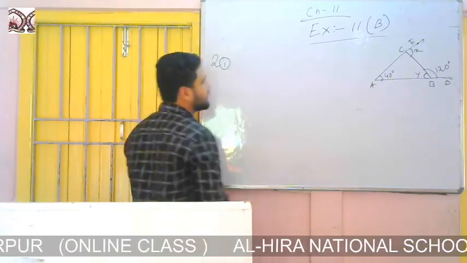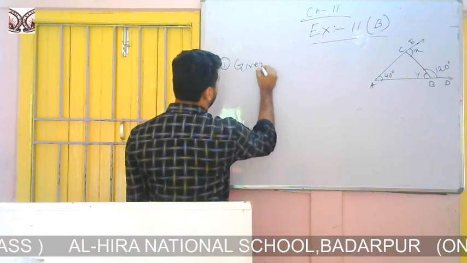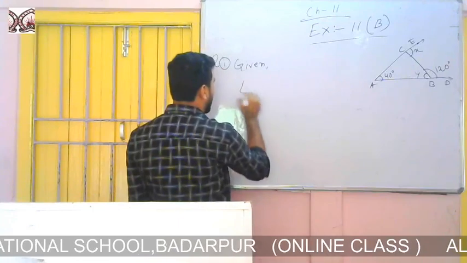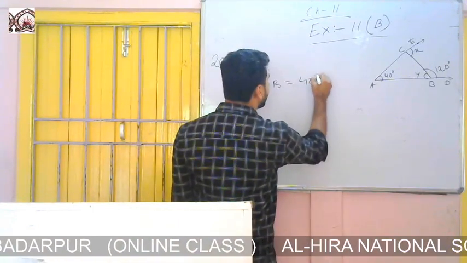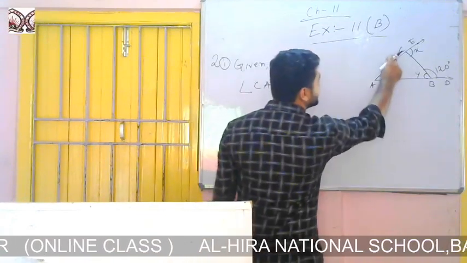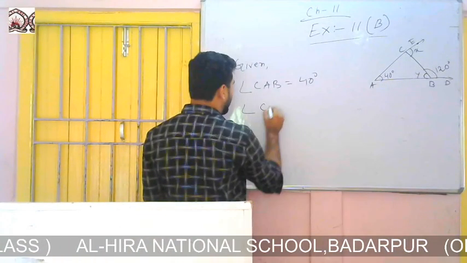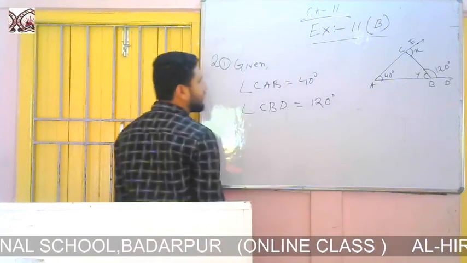So write, given angle CAB equals to 40 degree, and CBD, that is exterior angle CBD equals to 120 degree, okay.